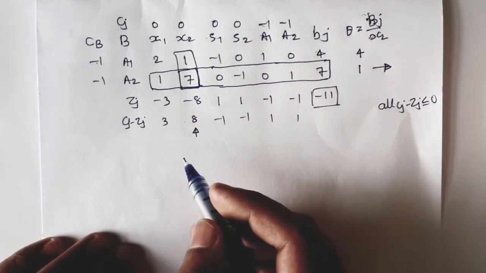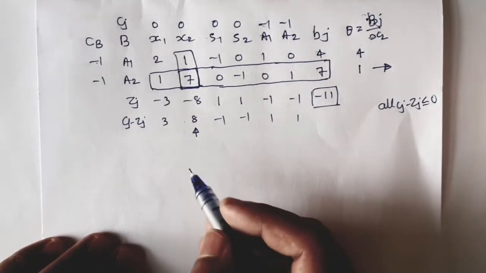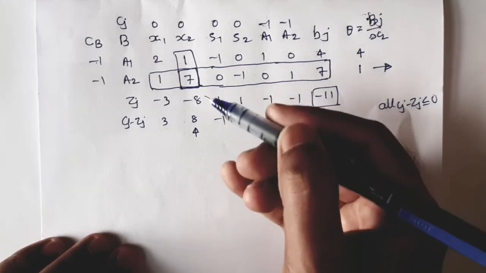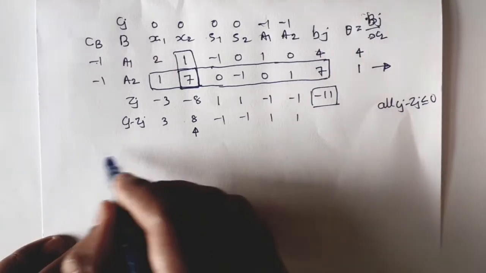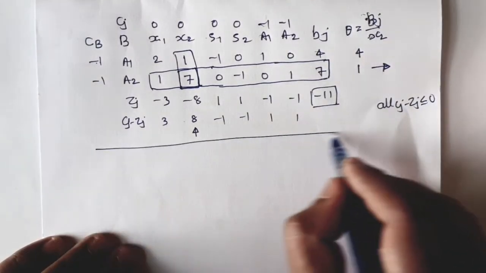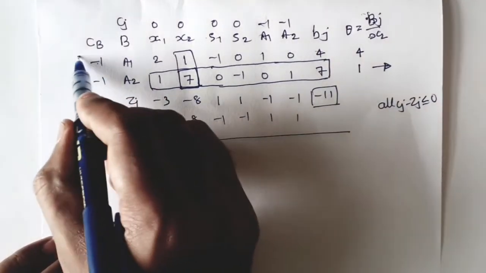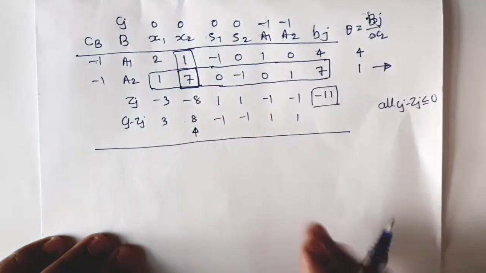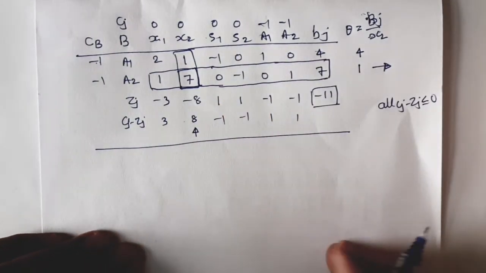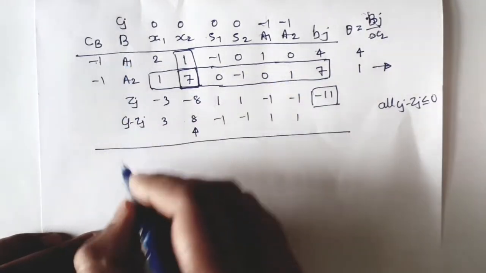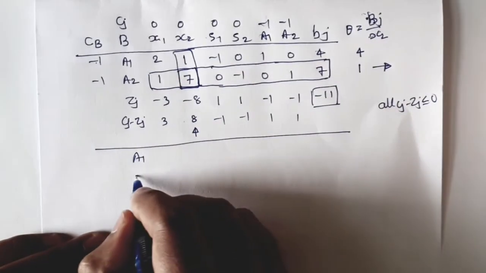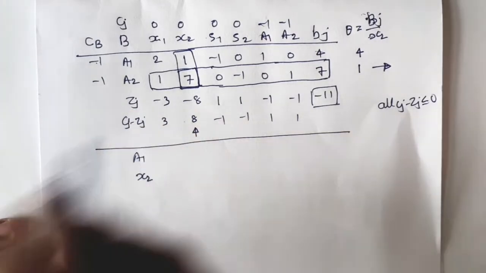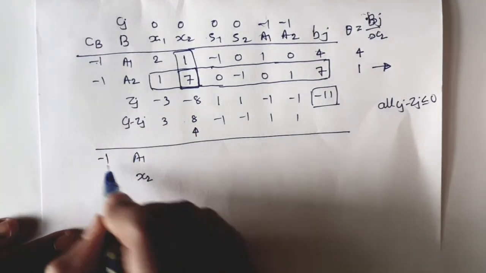Now we will move on to the second iteration. You can do the same thing as we have done previously: make another table, or if you don't want to, you can go directly with this, keeping this as it is. So a1 stays as it is, and instead of a2 we will write x2, and the coefficients of these two variables are minus 1 for a1 and 0 for x2.